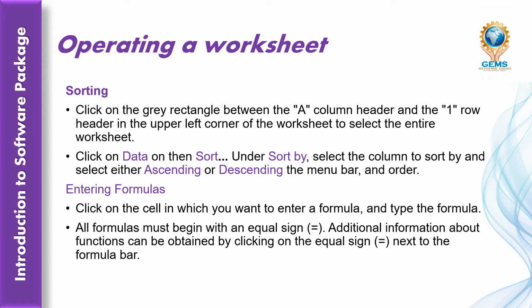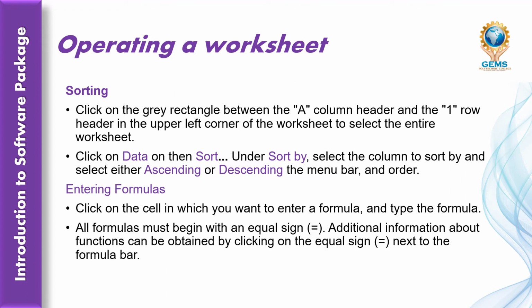So this is one of the important operations, sorting. Already we have seen the features of the worksheet. This is on operating. Click on the gray rectangle between the A column header and the 1 row header, in the upper left corner of the worksheet, to select the entire worksheet.